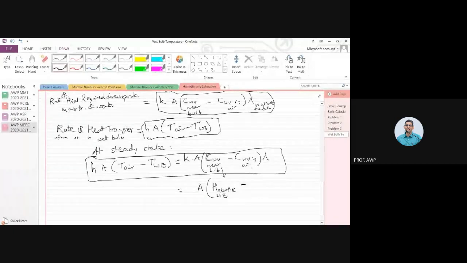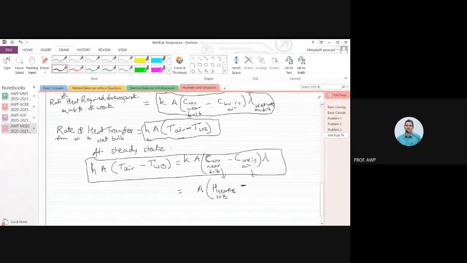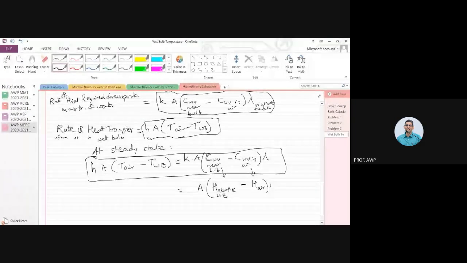And rather than concentration of water vapor in the air, can I just say it is the humidity in the air? Whether I talk in terms of concentration in moles per meter cube, or in terms of kgs per kg, it is one and the same thing. I will just have a different proportionality constant, so let's call that k prime, because I am using a different unit of humidity.